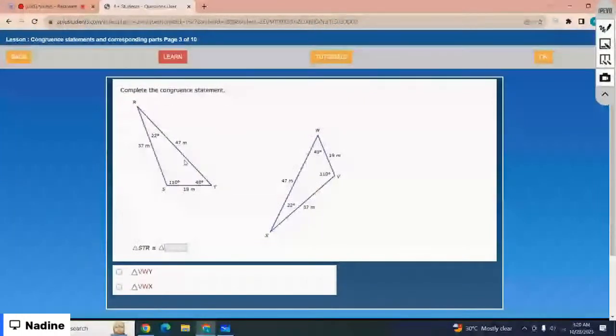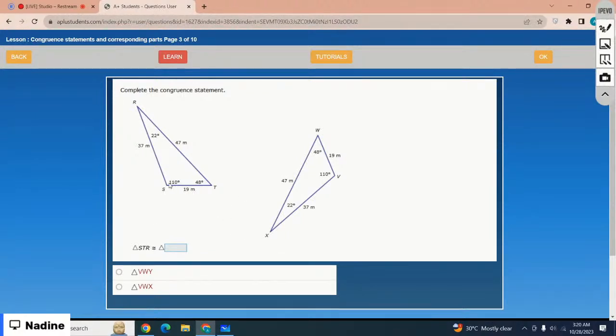Okay, I think you can hear me now. So here we are. Read the congruence statement. Triangle STR is congruent to... just look at the STR.